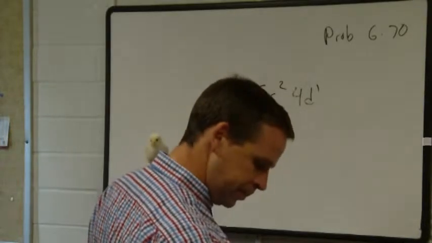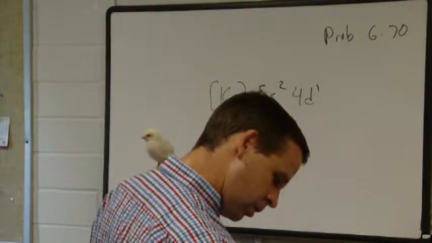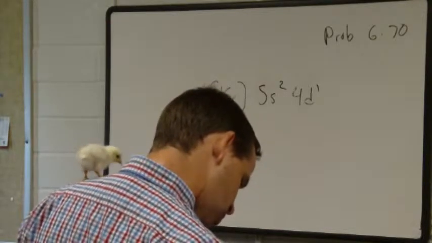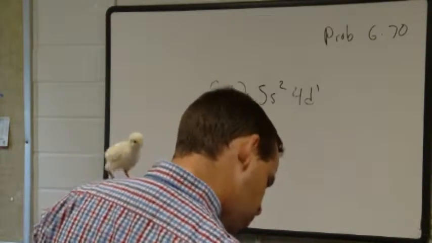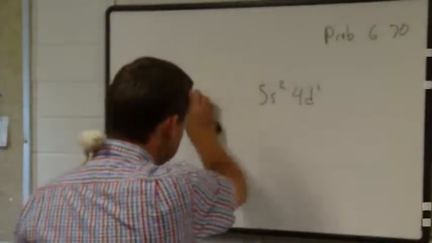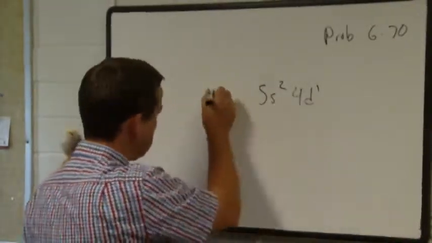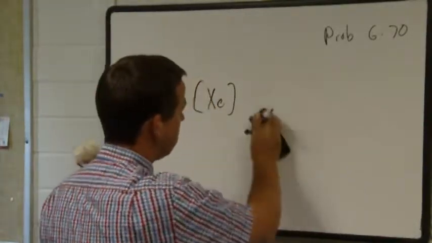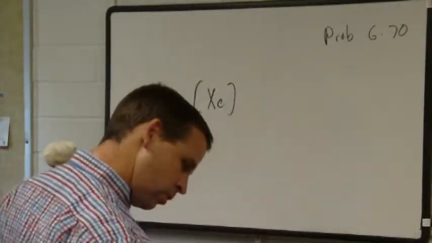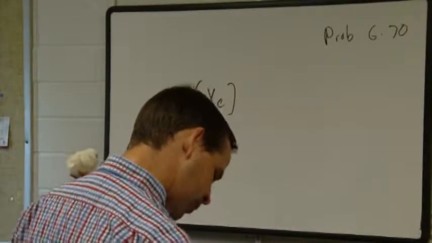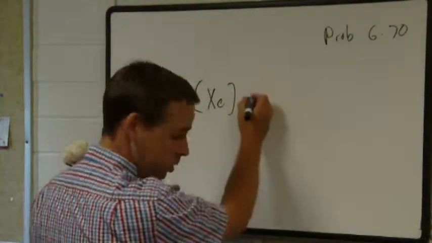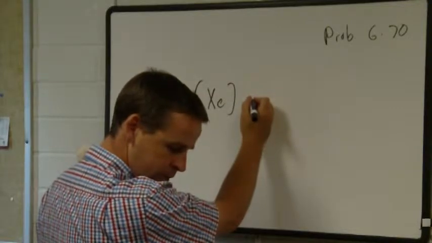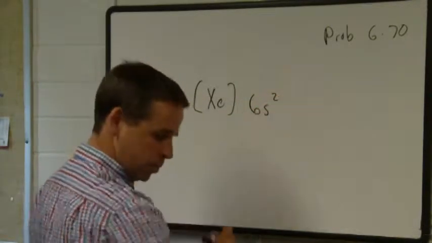For platinum, Pt, element number 78. All right. So our noble gas core, we go back and we see that it's xenon. After xenon, 54, we go 55 and 56. So that is xenon. 1, 2, 3, 4, 5, 6. 6s2.